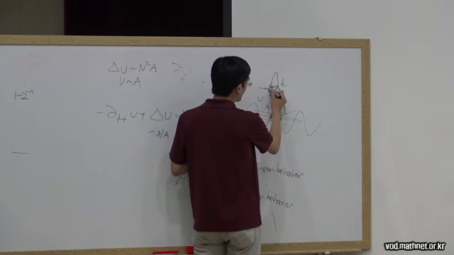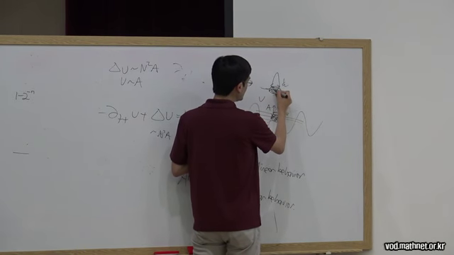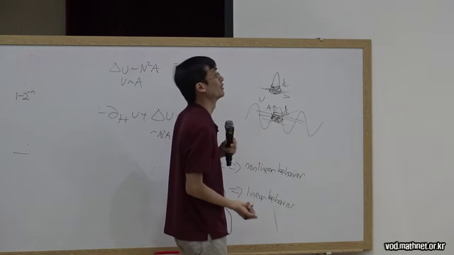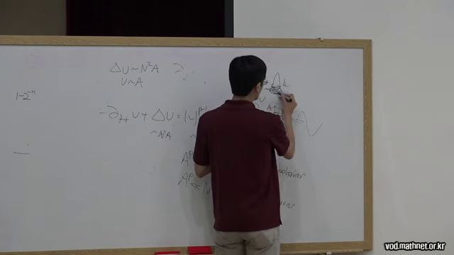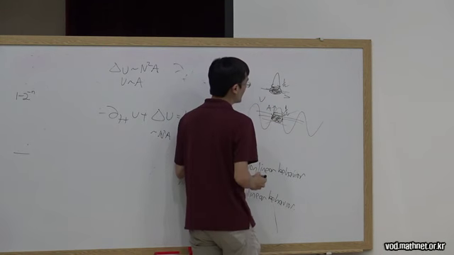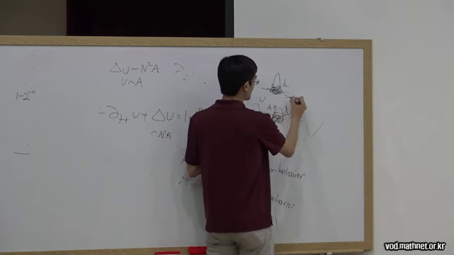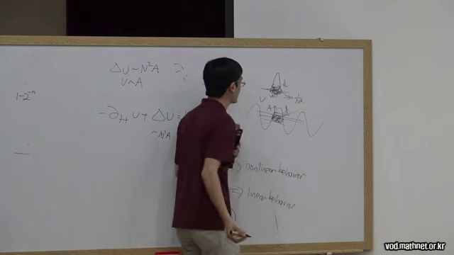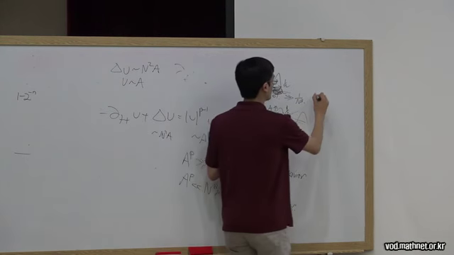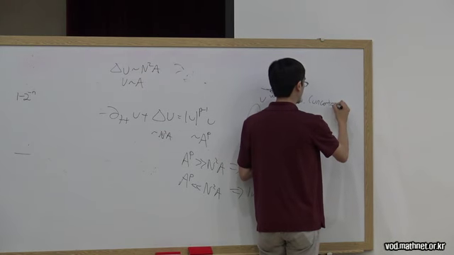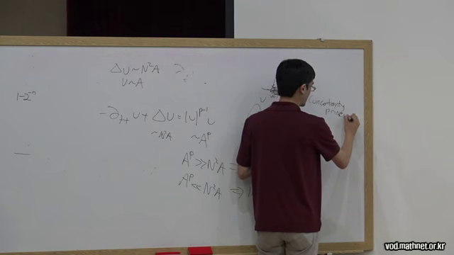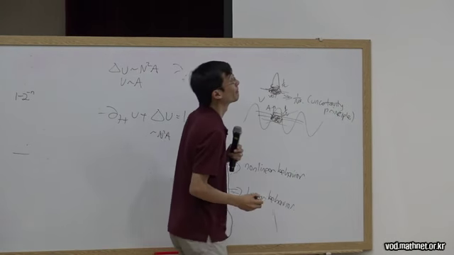But the region that you are localized to must always be at least as big as the ball of radius 1 over n. This is the uncertainty principle from harmonic analysis. So the volume of where your solution lives should be at least like 1 over n cubed. This is not rigorous, but it's a good heuristic.